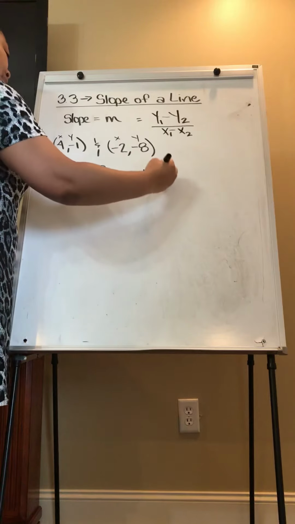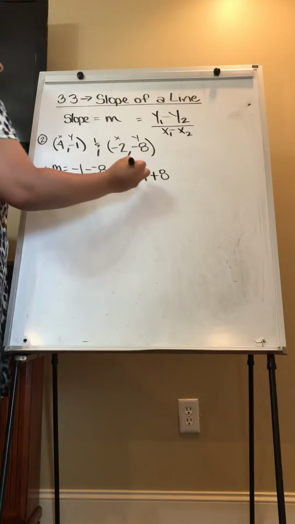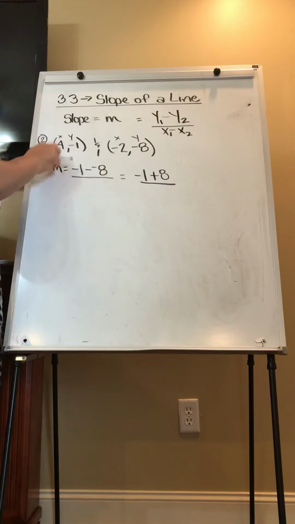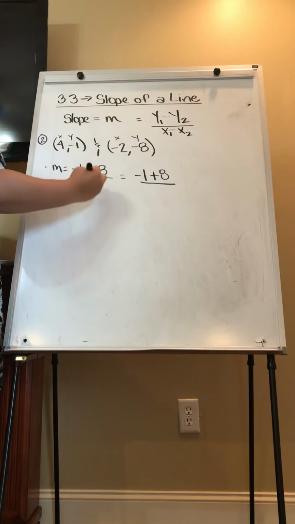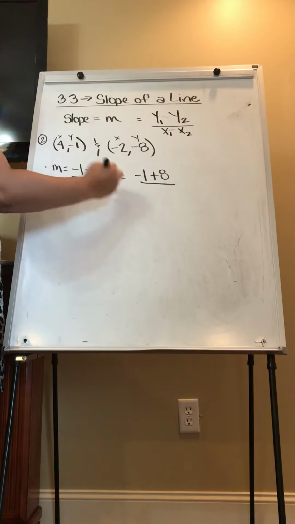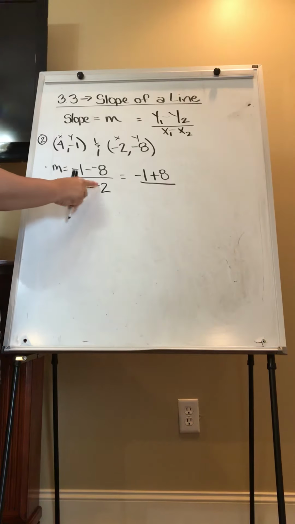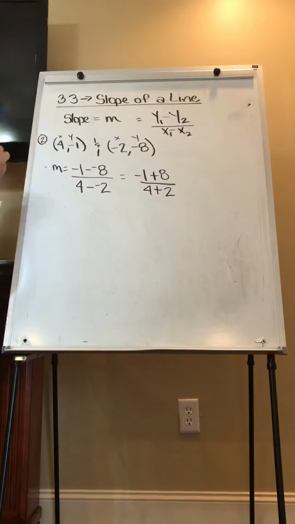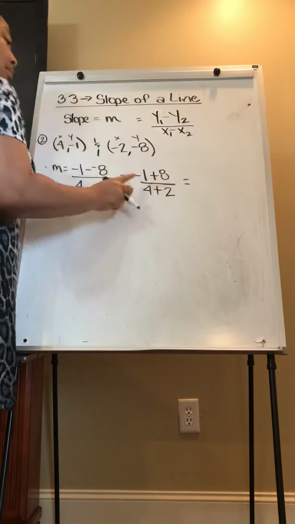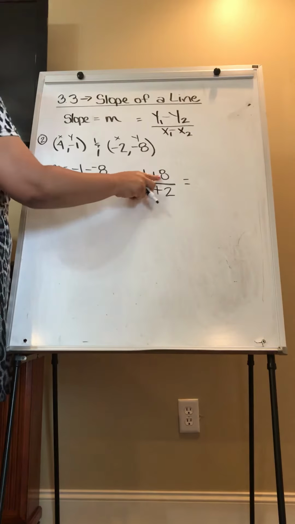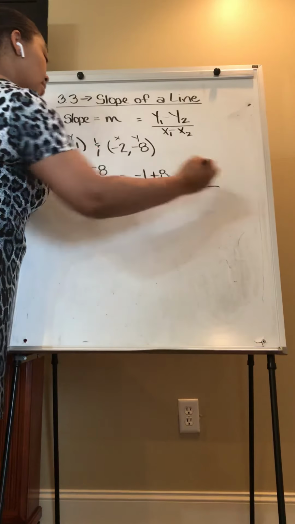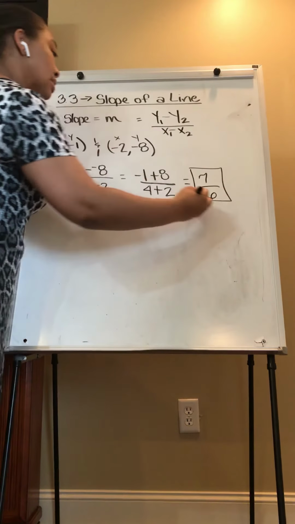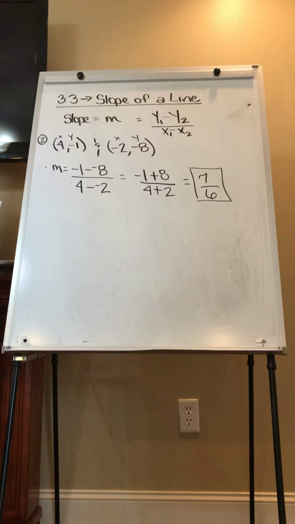So that would be -1 plus 8. Those 2 negatives make a plus. On the bottom, our x's, we have 4 minus a -2. Again, those 2 negatives make a plus 2. So we'll do our operation. -1 plus 8 is 7. And 4 plus 2 is 6. So our slope is 7 over 6.